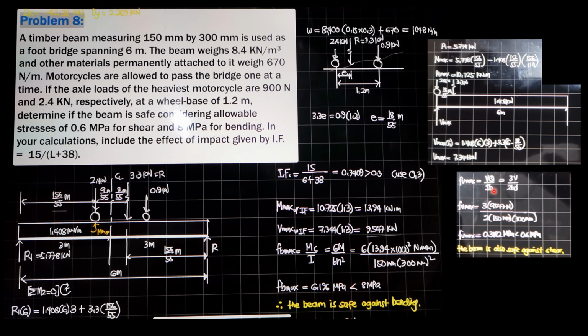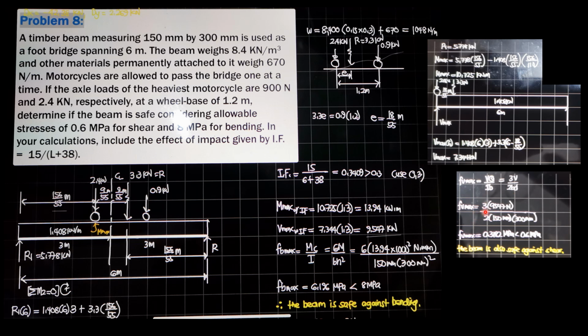So this VQ over IB for rectangular sections reduces to 3V over 2BD. So V is V, Q is the area of the half rectangle, BH over 2, moment arm is H over 4, so that would be BH squared over 8, then I is BH cubed over 12, B is B, so 12 divided by 8 is 3 halves, and this will be the result. Where D is also H, so take note the depth is also the height of the cross section of the beam.